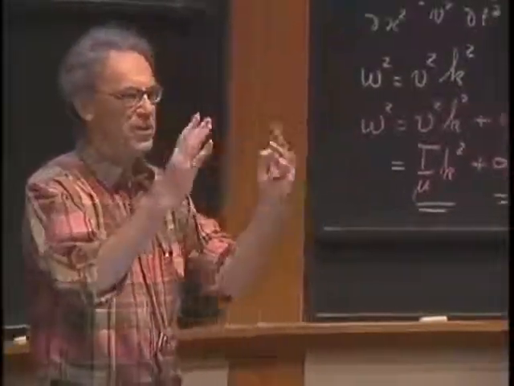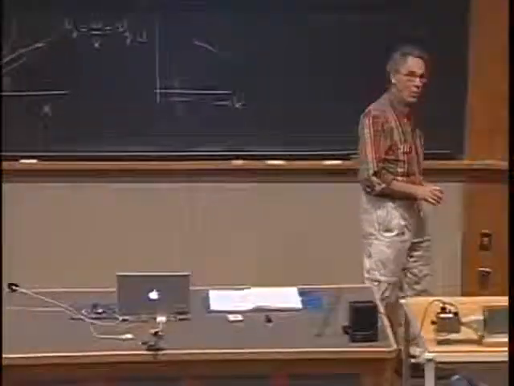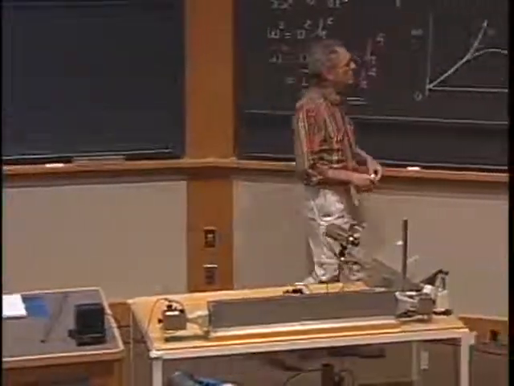Because the sharp features, if you have a rectangular pulse, the sharp features require high frequencies to make that steep. And there will be a large difference, therefore, between the phase velocity of the high frequencies and the low frequencies. And so you are going to see your sharp pulse fall apart. And that's what I'm going to demonstrate to you.